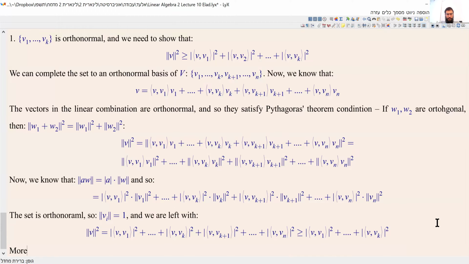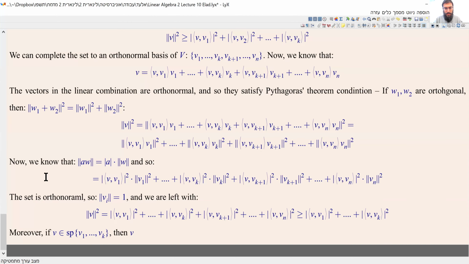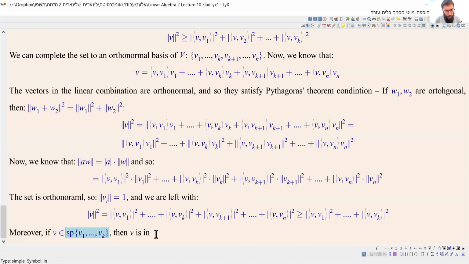Moreover, if V is in the span of V1 to Vk, then, as we already mentioned in the way of completing a basis to an orthogonal basis, V is in the orthogonal space of the space spanned by the rest of the vectors in the basis.